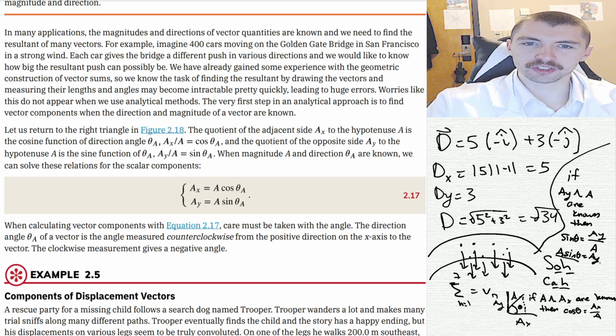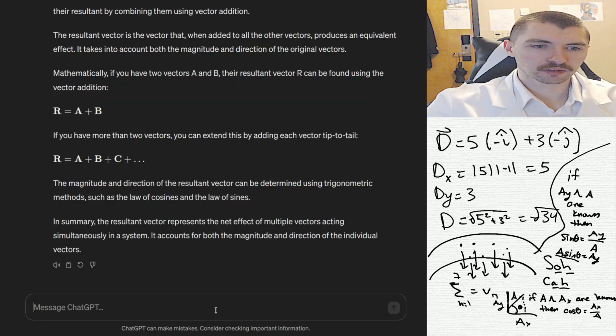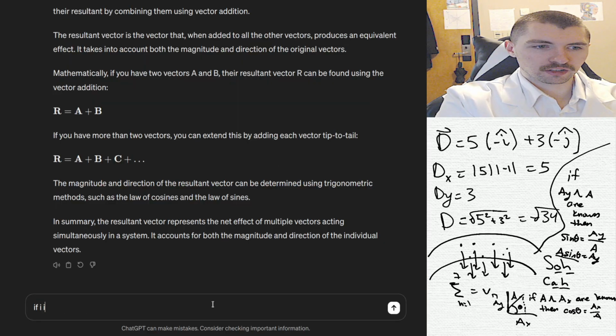And I think that would be in radians. If A sine theta equals AY, and AY is unknown, will AY be in radians?